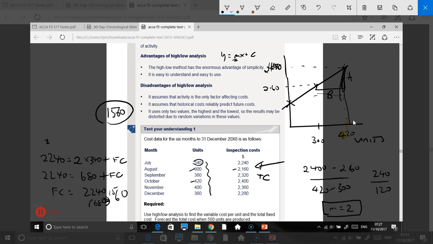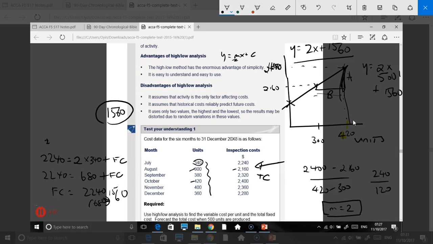And you can test this, check. I'm sure I'm right. And so that's how we find that. So now we have the equation: y is equal to 2x plus 1560, which means that whatever units I pop in here, say 500, which is what the question is asking, y is equal to 2 times 500 plus 1560.